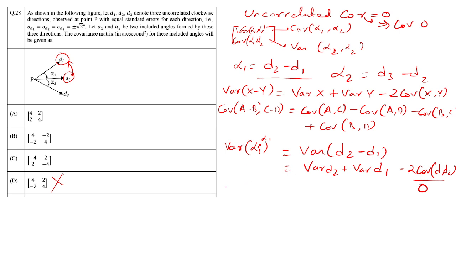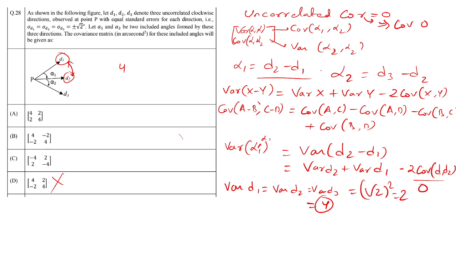Variance of d1 equals variance of d2 equals variance of d3, which is given in the question as the square of root 2, that is 2. So 2 plus 2 will be equal to 4. So this one we have found, it will be 4.